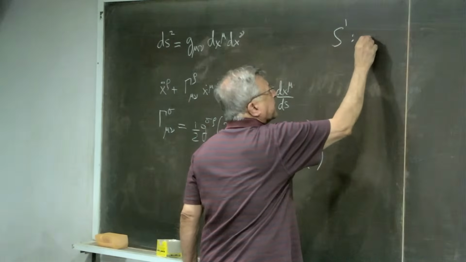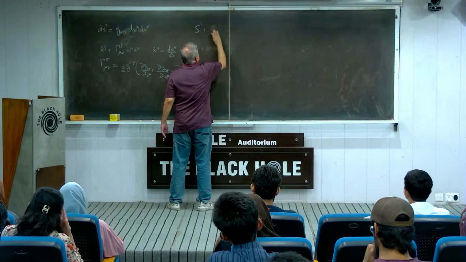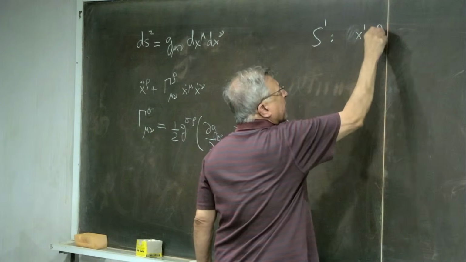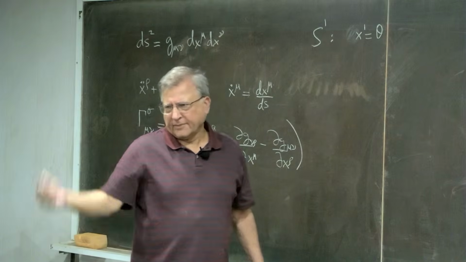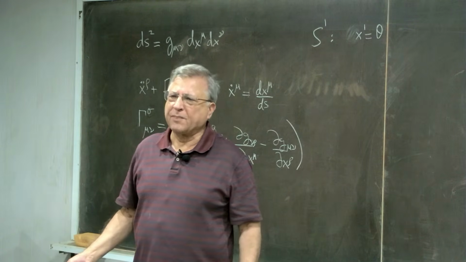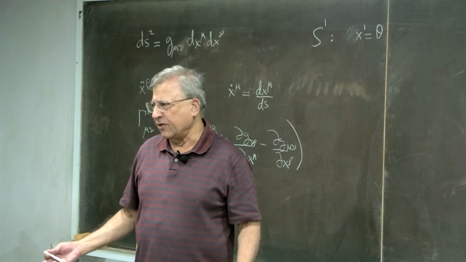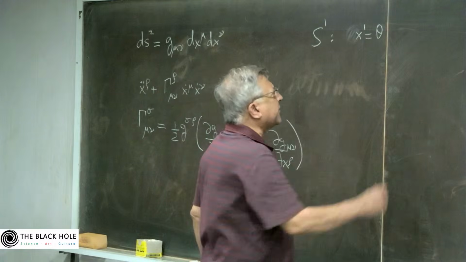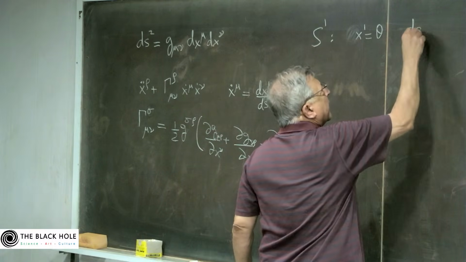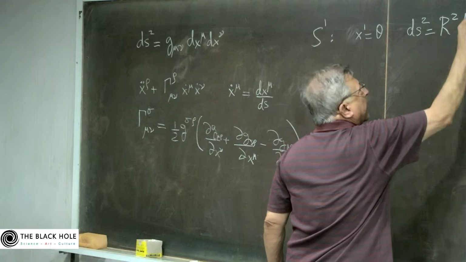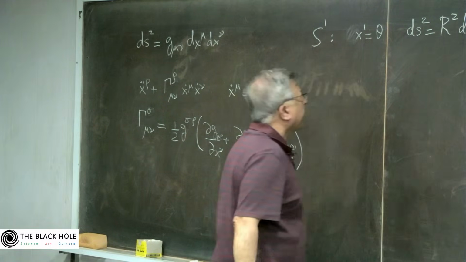In that case, there's only one coordinate, x1, which is theta, a circle, and S1 is the curve x squared plus y squared equals r squared. And in that case, ds squared is equal to r squared d theta squared.